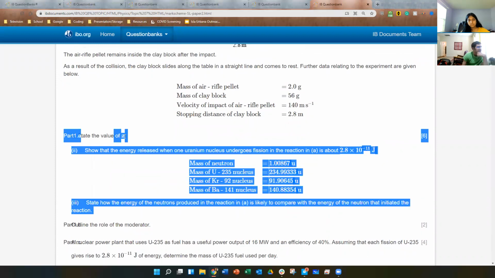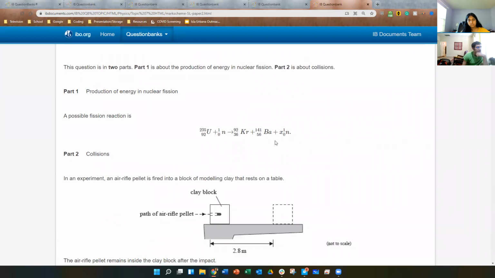So first part is state the value of X. Basically it just needs to balance, right? So you need to use mass in order for it to balance. So 92 plus 141 is 233. So the krypton and barium, is that barium? I think so. They make 233 in mass, and we have 235 here.